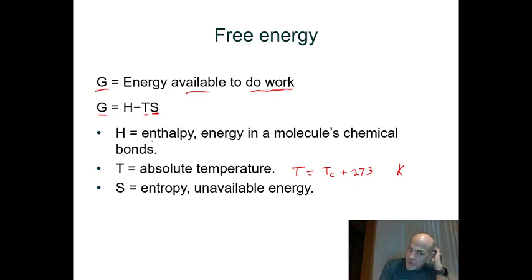And then you're going to have another quantity called enthalpy. That's the H. The relationship there is the enthalpy minus the product of the absolute temperature and the entropy. And so again, we want to remind ourselves that entropy is disorder. If you're disordered, then there's not much ability to do anything.